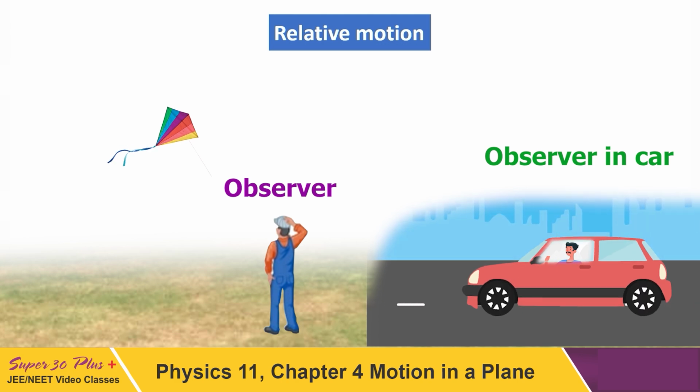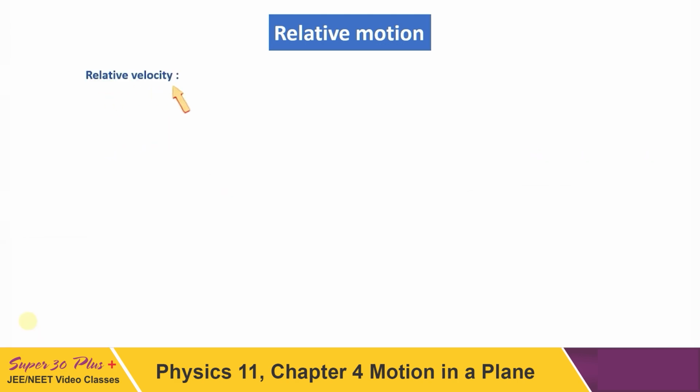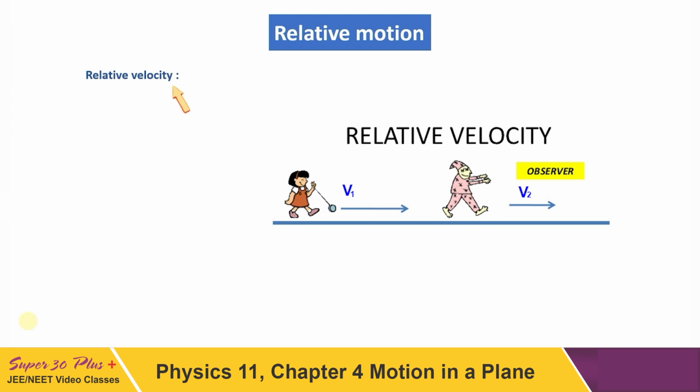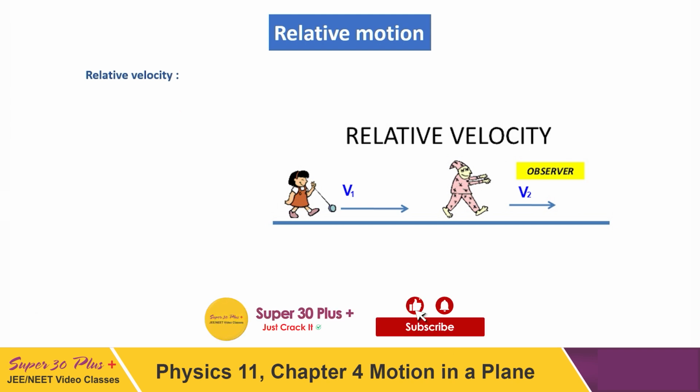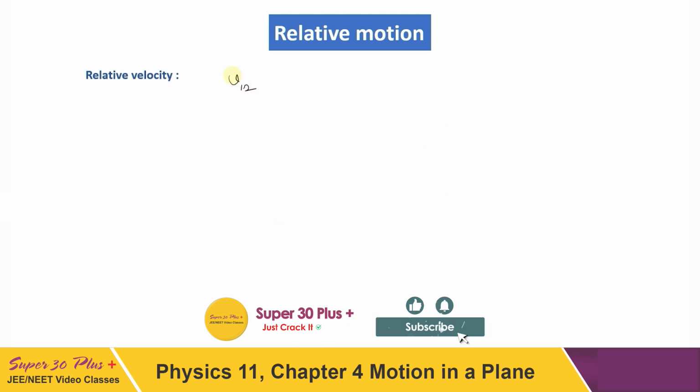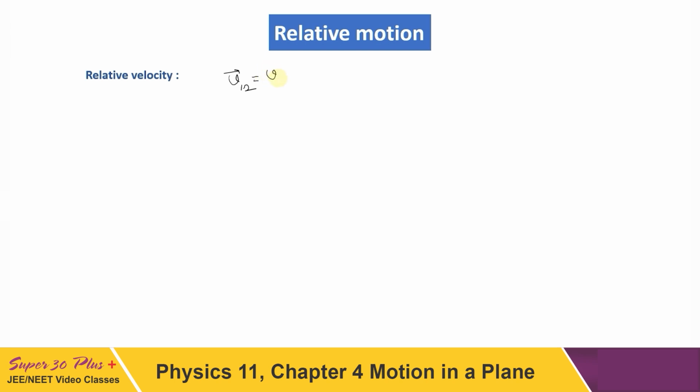Today we are going to analyze how this relative velocity can be written and how it can be measured. As you know, the relative velocity of one body with respect to another can be written vectorially as v12. This is the relative velocity of 1 with respect to 2. Mathematically it is equal to v1 minus v2. In differential form, it is d r12 upon dt, where r12 is the position of 1 with respect to 2, and that is equal to dr1 upon dt minus dr2 upon dt.